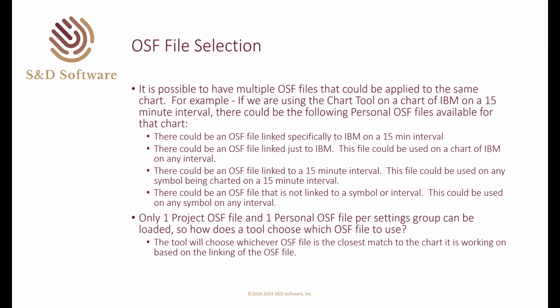The OSF file that is the highest priority is the one that is linked to both a symbol and an interval. The next highest priority is one that's linked to a symbol, but not to an interval. Then the next one would be an OSF file that's linked to an interval. And the lowest priority is an OSF file that's not linked to anything.